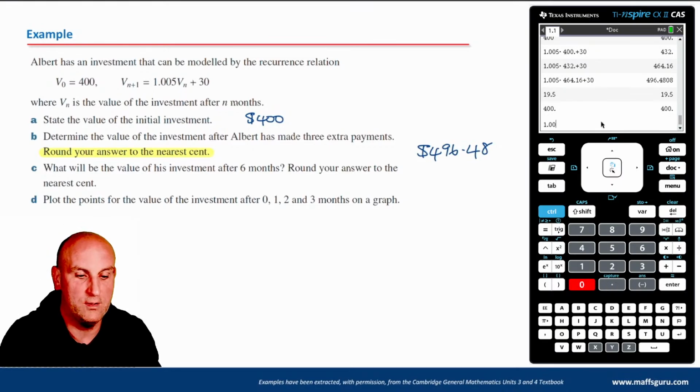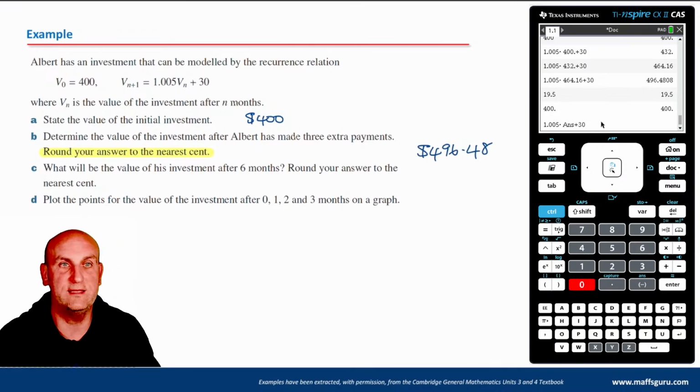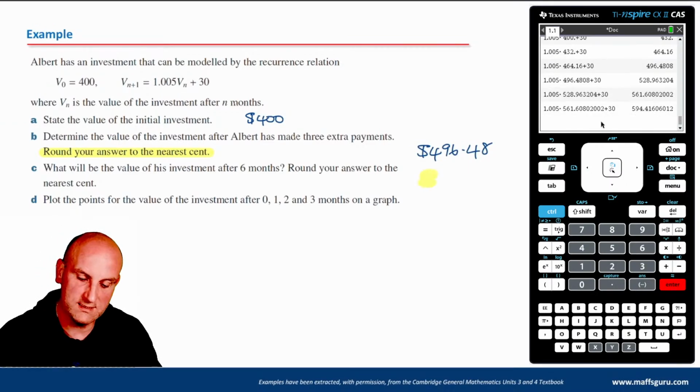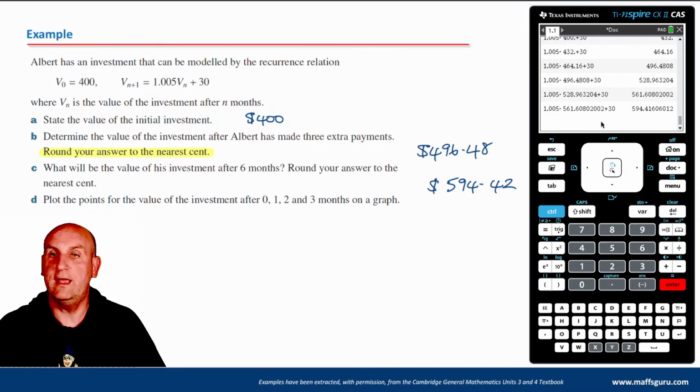So 1.005 times my answer plus 30. Now again, this is after every month. What did I want? After 6 months, 1, 2, 3, 4, 5, and 6. So in that situation, I would write, he says not in highlighter, $594.42.